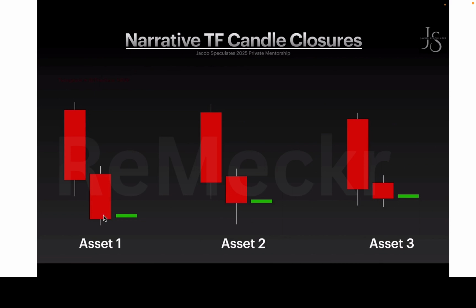So again, asset 1, the close of candle 2 and the close of candle 1, the depth is the greatest out of the other 2 assets, so this one is likely to be weaker if price were to reverse or retrace, while asset 3, the close of candle 2 and the close of candle 1, these closes were the closest together out of all the assets, so this one is more likely to be strongest for a reversal or retracement.